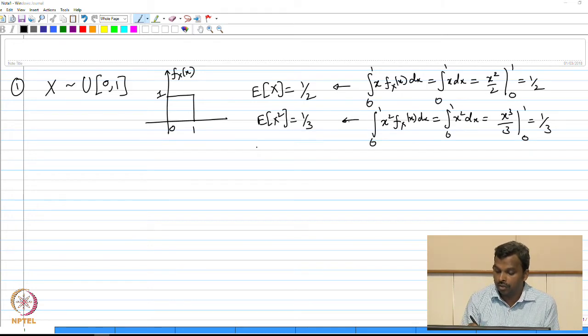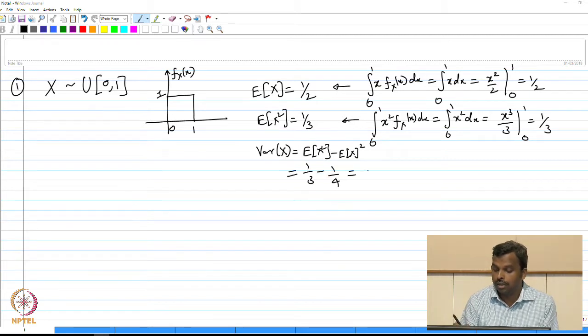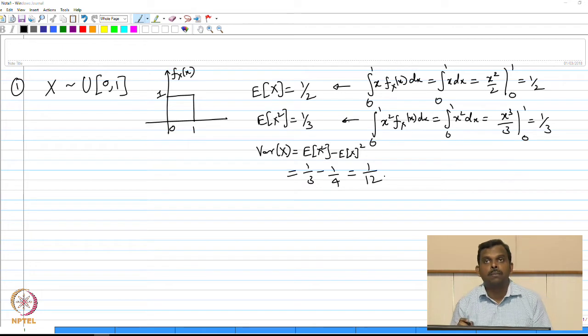Okay, so what is variance of x? It's expected value of x squared minus expected value of x whole squared. So this is 1/3 minus 1/4, which is 1/12. You might know some standard formulae which will give you these answers.